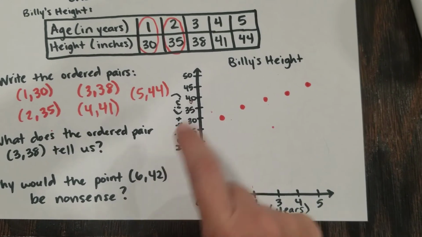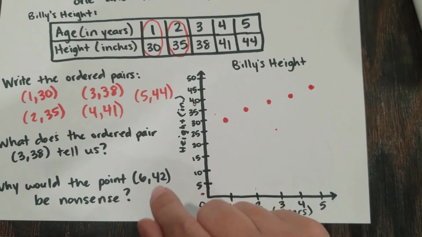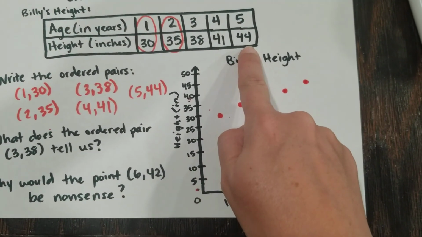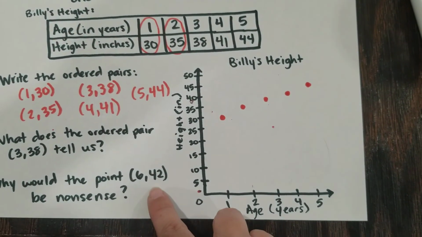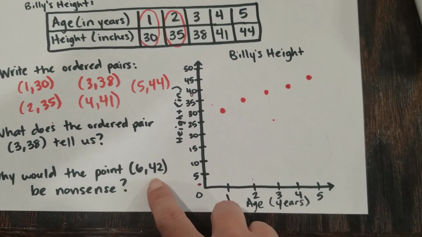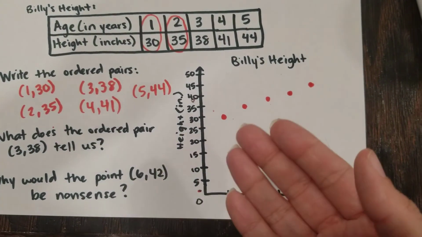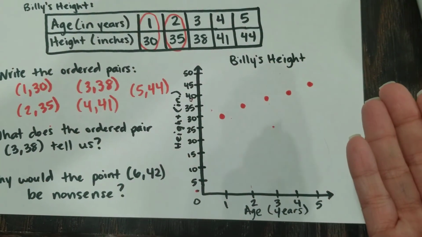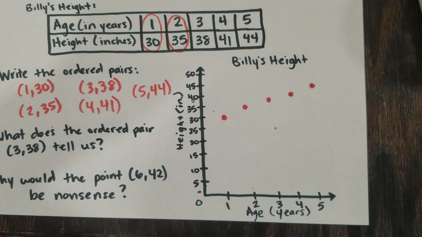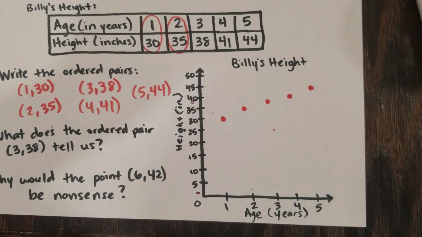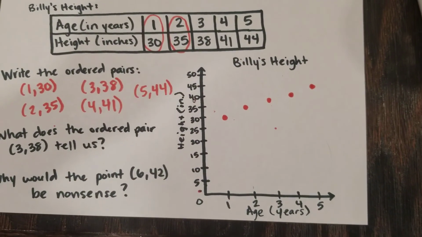Usually between the ages of 5 and 6, they're going to grow some more. And this says that Billy went from 44 inches tall and shrunk to 42 inches tall, and that makes absolutely no sense. That is why it's nonsense, because this is a graph about Billy's height, and people do not usually get shorter between ages 5 and 6.